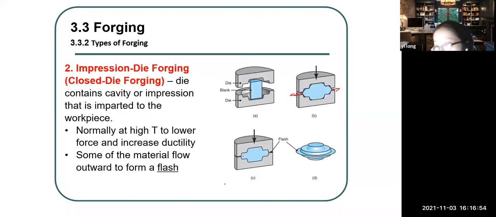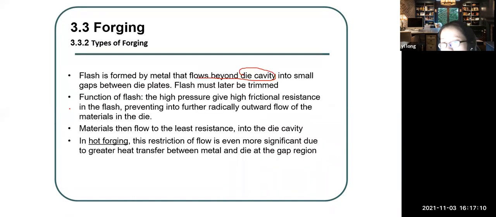So once this is formed and closed, you have very, very high friction here, which means the metal will find it more difficult to continue to squeeze out. That makes the flash a stopper.